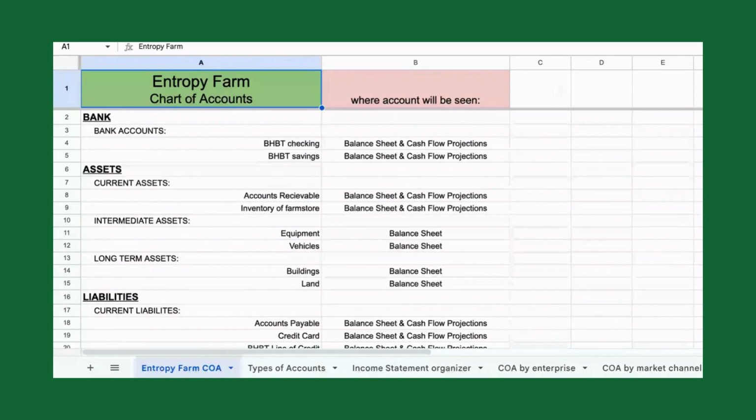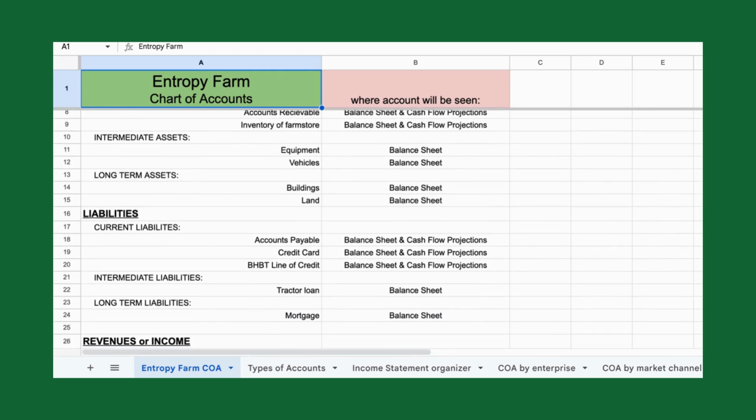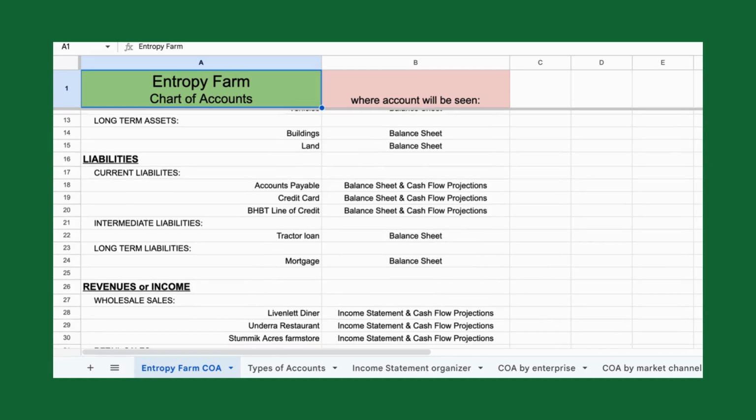Let's jump to a specific example. Here's a chart of accounts from Entropy Farm, a small diversified vegetable operation. And this slide shows the main categories of accounts, often called parent accounts, underlined in bold, which then all have their children accounts nestled underneath them. And this slide also shows where the accounts are going to be seen, column B. And as I scroll down, notice again how the list, that is, the chart of accounts, gets split up.